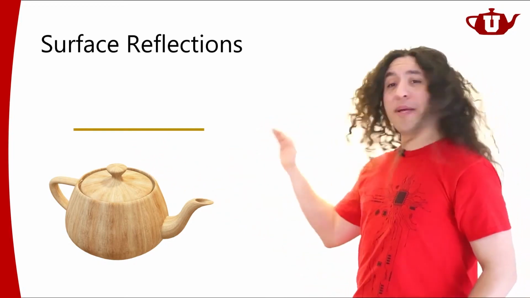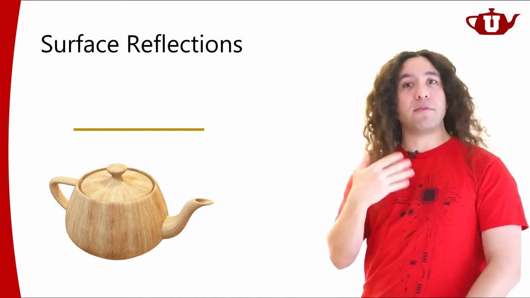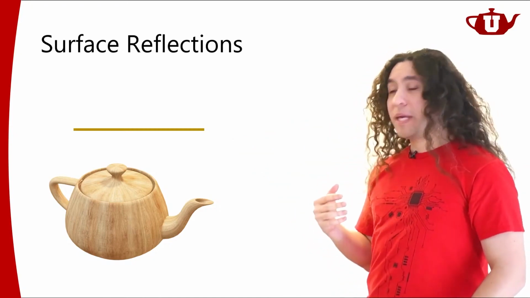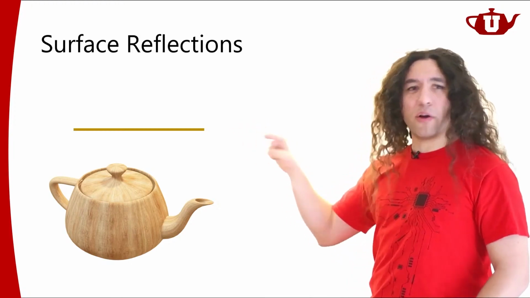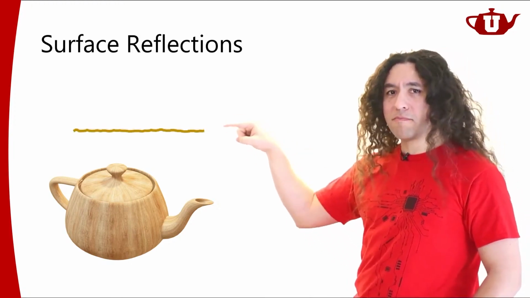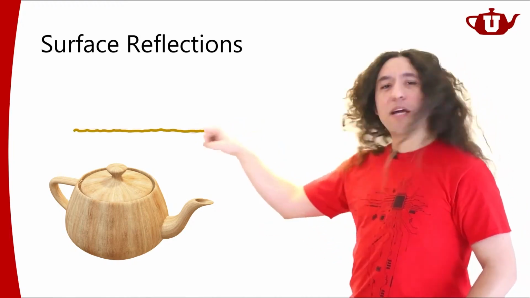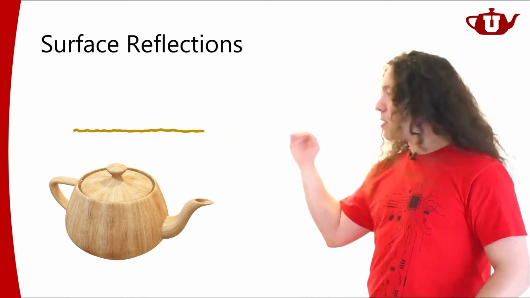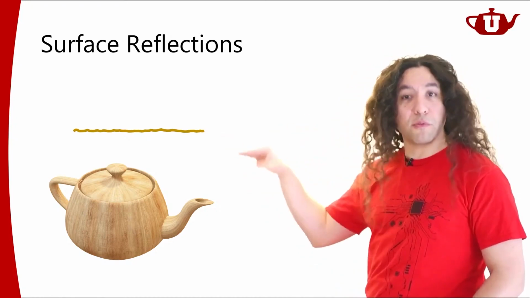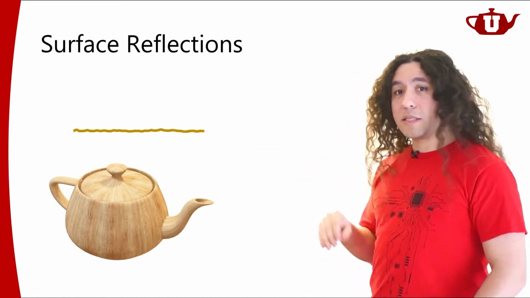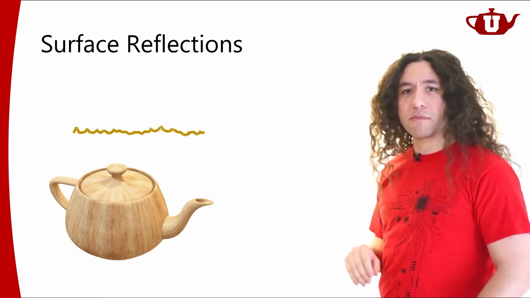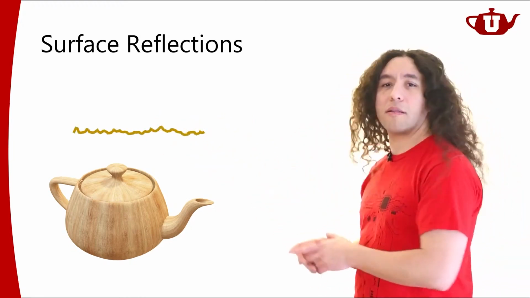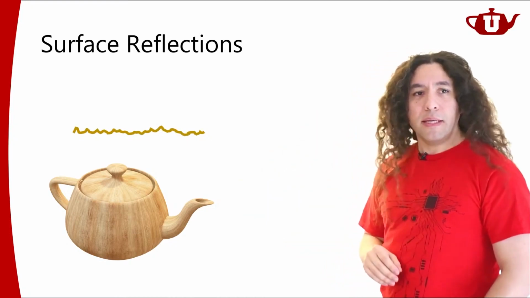If you zoom in enough onto a real surface, you should be able to see that at some point it's not going to be perfectly smooth, right? There's going to be some variation on the surface. The amount of variation on the surface depends on what kind of material we're looking at.